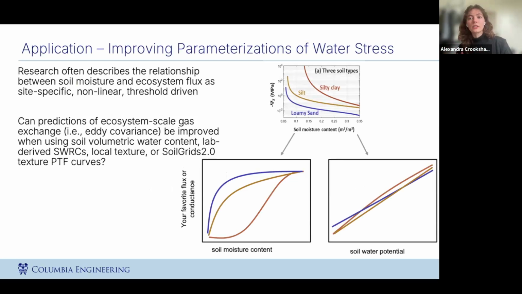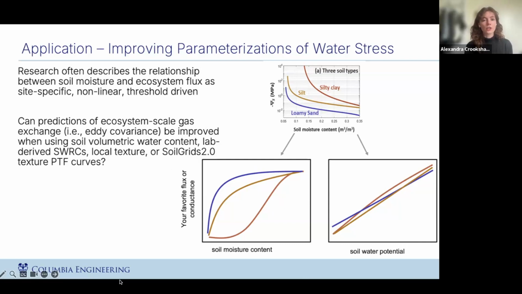Moving on to the second part of this presentation, I'm going to go into some of the applications. I'm going to bring you back to the idea I mentioned earlier in the talk that research often describes the relationship with soil moisture as site-specific, nonlinear, and threshold-driven, and that when we replace soil moisture content with soil water potential, we see stronger links to ecohydrology.